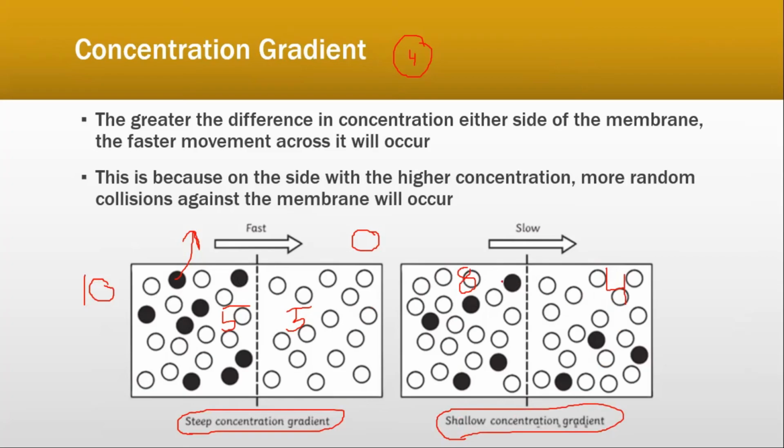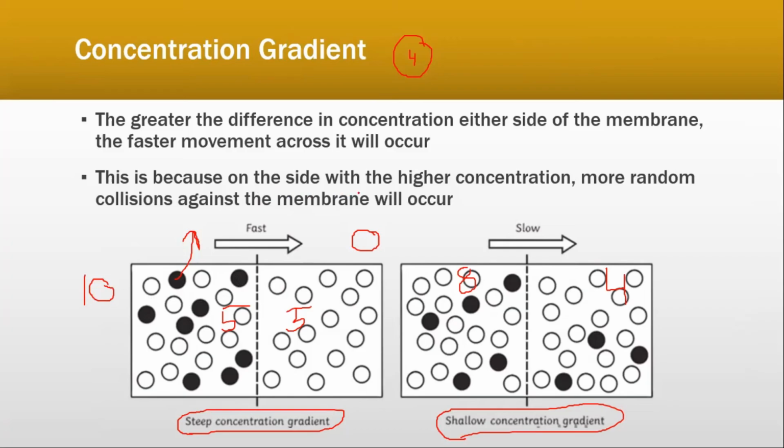Because the black molecules over here are already somewhat divided. There is not too much difference on both sides of the membrane. They are not completely separated, and hence the steeper the concentration gradient, the faster the rate of diffusion.